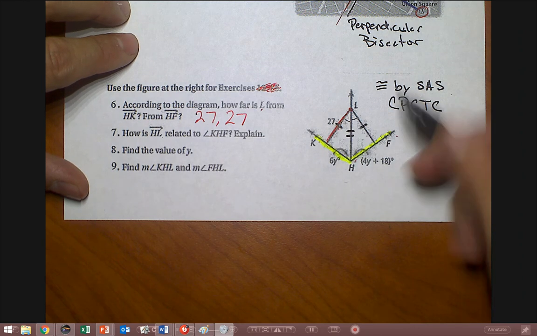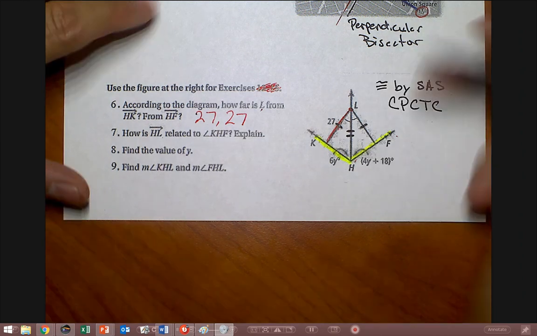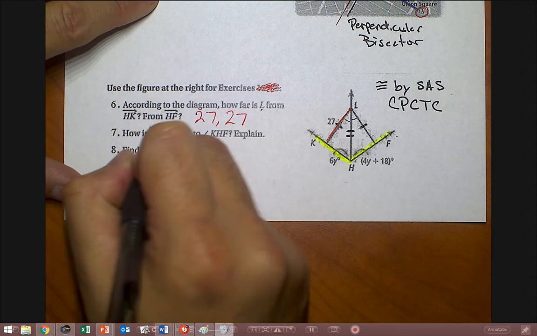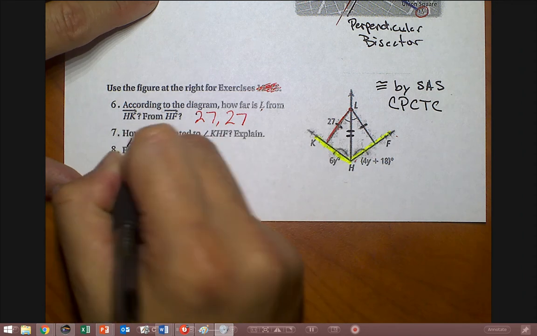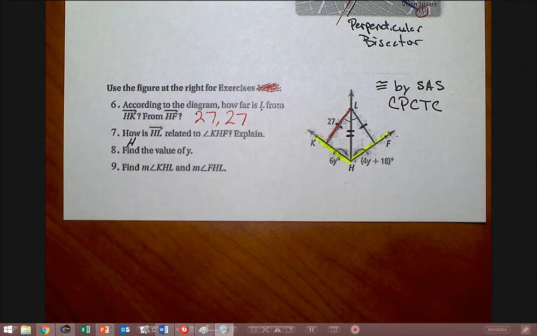So HL is the angle bisector. What's the difference between midpoint and bisector? A midpoint is a single point, a dot. A bisector is something that cuts through it. A line will bisect something, where a dot would be right in the middle. It's not cutting it, it's just pointing out where it's at. Does that make sense? Yeah.